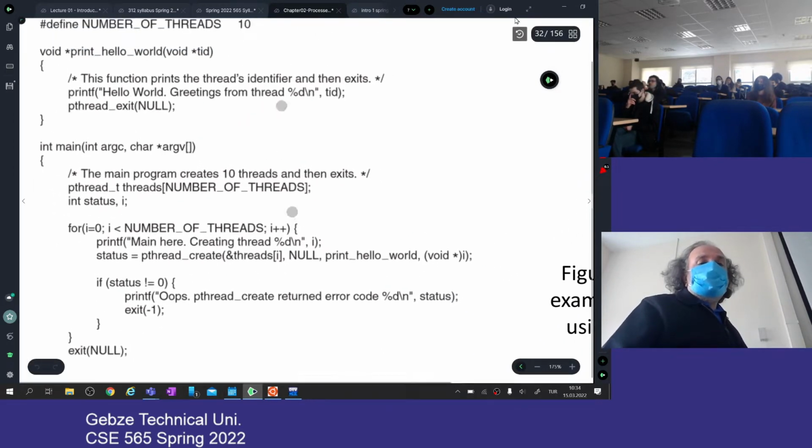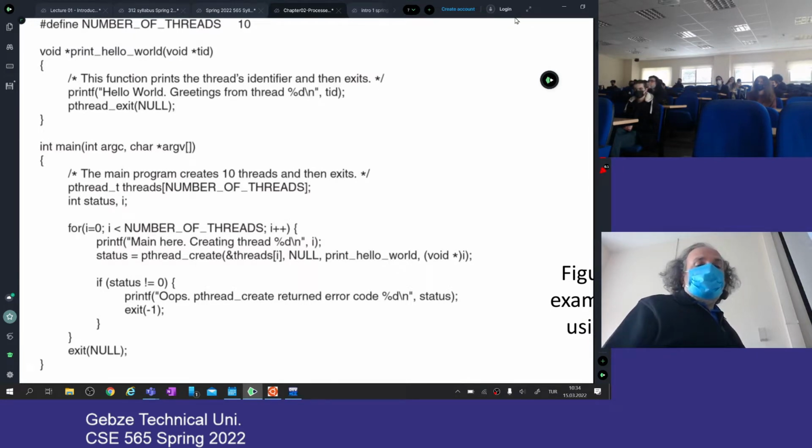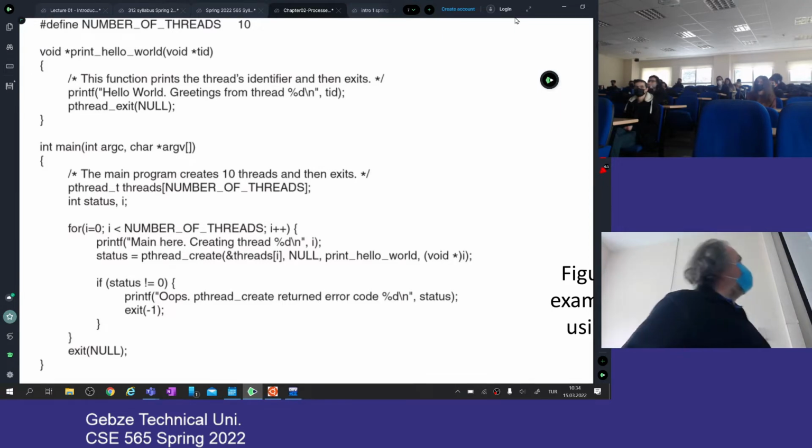But what I said is that we don't know the order in which the threads are going to print this message, saying that I am thread number such and such. You may see that sometimes thread number 1 prints this message before thread number 2. Sometimes thread number 7 prints before thread number 5.